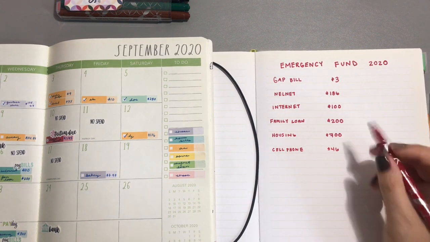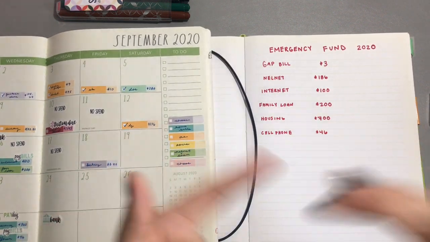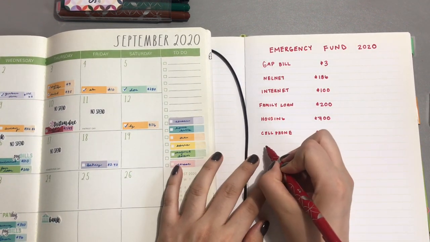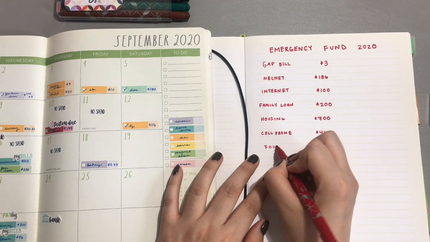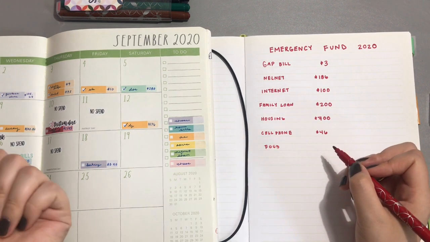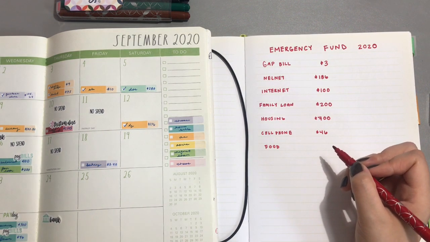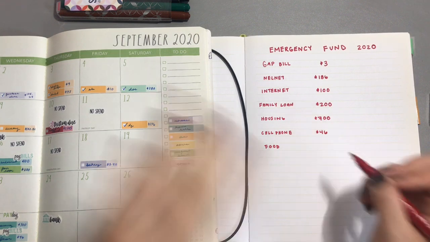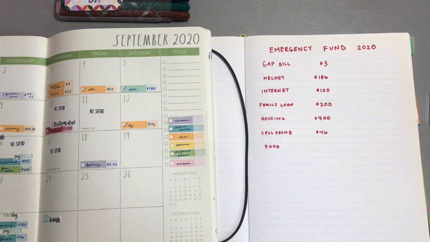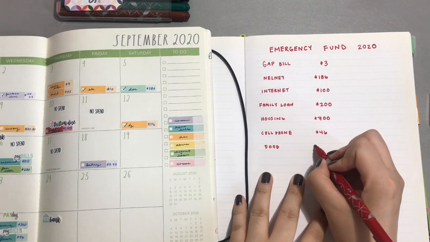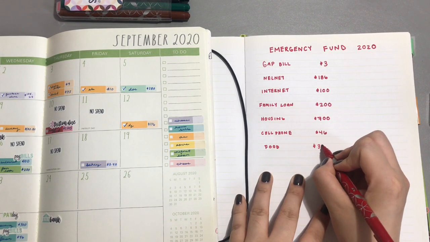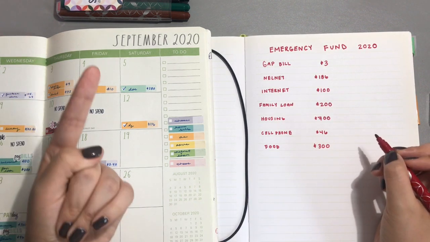Okay, and then you would also want to keep in account food, because you know you need to eat. So food, I usually calculate about like 300 a month, or like 270 a month. So I'm just gonna round it up to 300 because I like clean numbers. So 300 for food for a month.